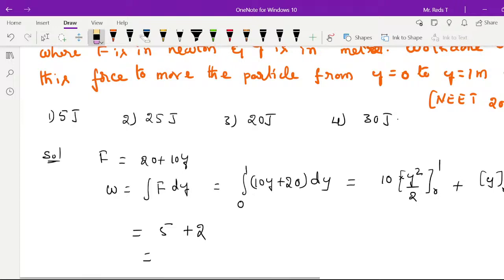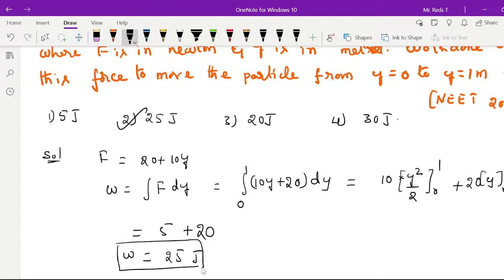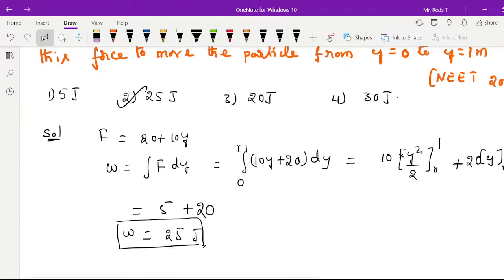You can cross check this once. Correct it: 20 into y. So this is 5 plus 20. Therefore it is equal to 25 joule. So the second option is the right one. So this is how you can do questions really quickly.